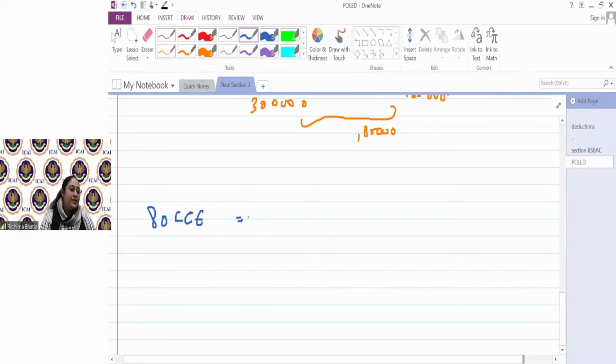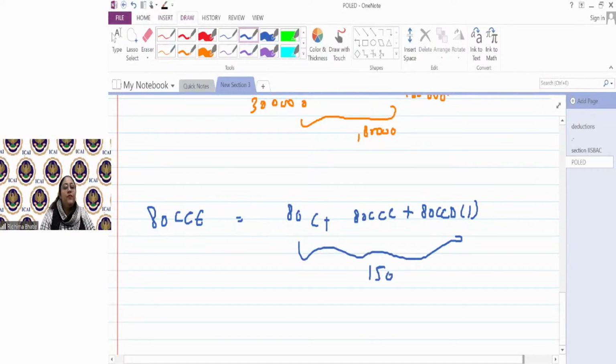What is the limit? It says that 80C plus 80CCC plus 80CCD 1, only one, subsection 1 cannot be more than 1,50,000. तो एक तो 1,50,000 सबका इंडिविजुअल लिमिट तो है, बट these three sections together cannot be more than 1,50,000.